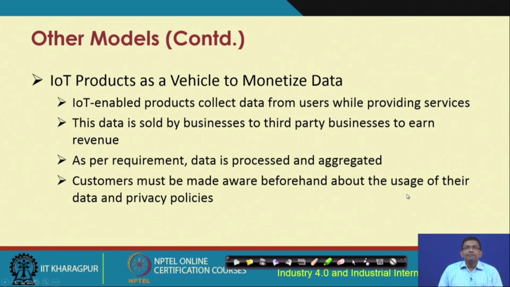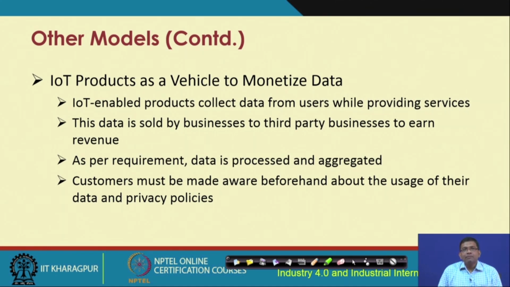IoT products as a vehicle to monetize data is another type of model that is used for IoT based services. This is a business model that is very attractive in the IoT world. IoT enabled products collect data from the users while providing services, and this data is sold by the businesses to third party businesses to earn revenue.